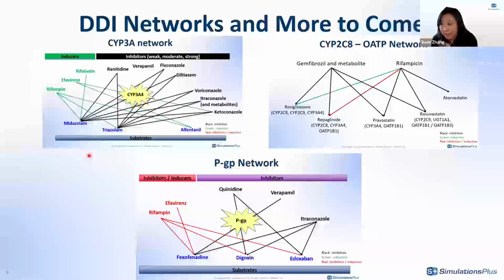So they are cross-validated against DDI studies for different perpetrators, different inhibitors, different strengths of inhibitors, different strengths of inducers, different substrates, so that we have more confidence in these models. That is how we have confidence in those perpetrator and substrate models.